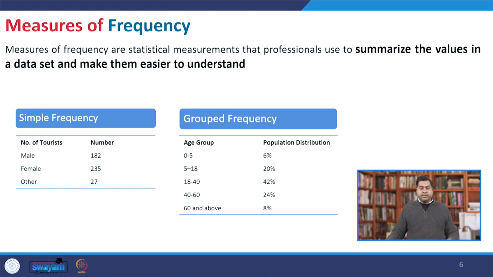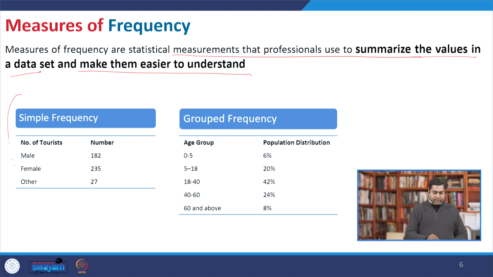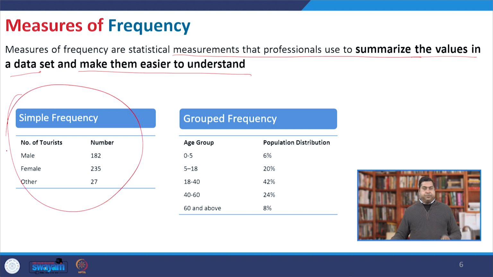Measures of frequency are statistical measurements that professionals use to summarize the values in a data set and make them easier to understand. Say this is a simple frequency, a count of the number of tourists.